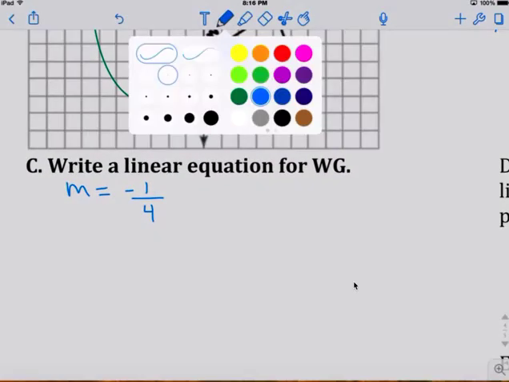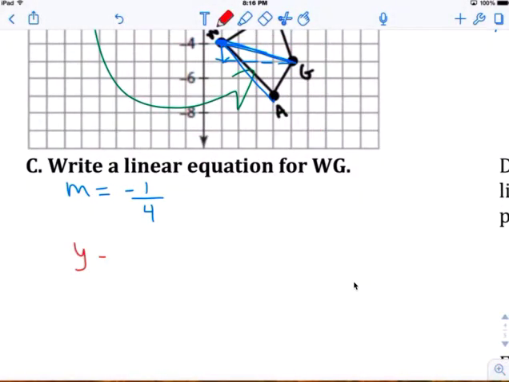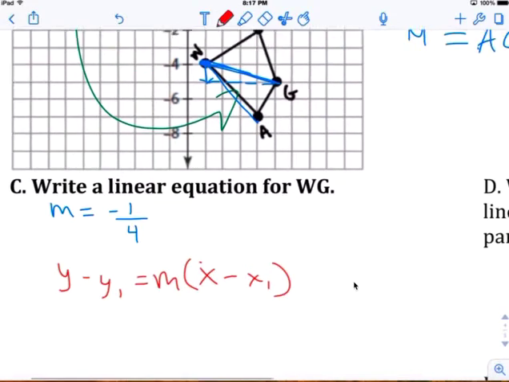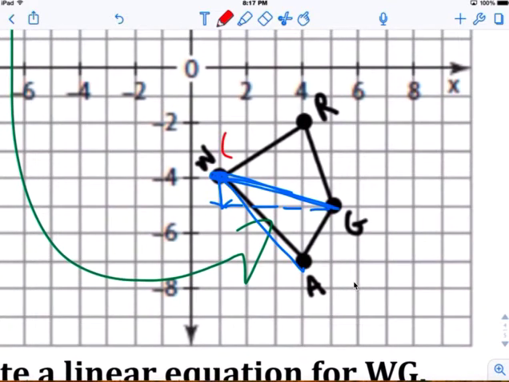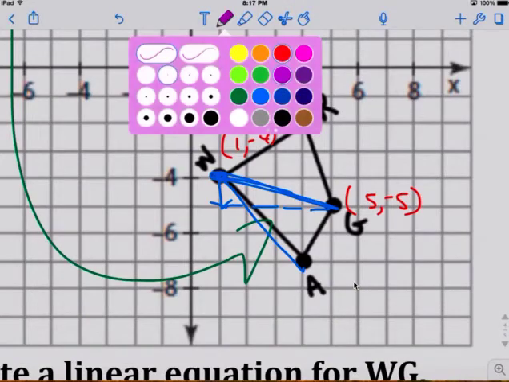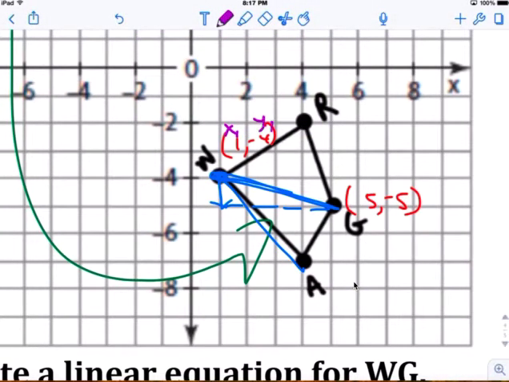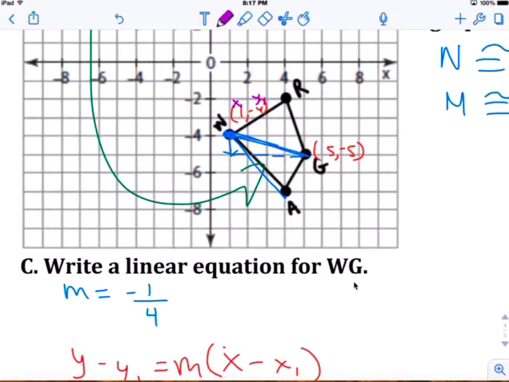Because there's no y-intercept, you have to use y minus y1 equals m times parentheses x minus x1, point slope. Okay, let's see. This coordinate here is 1, negative 4. The coordinate for G is 5, negative 5. I count this as x1, y1. Okay, so I'm going to use 1, negative 4 right here.